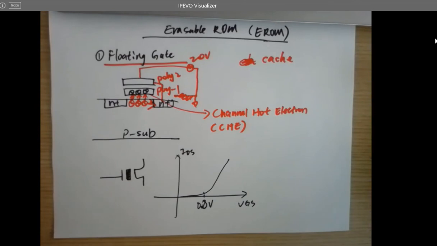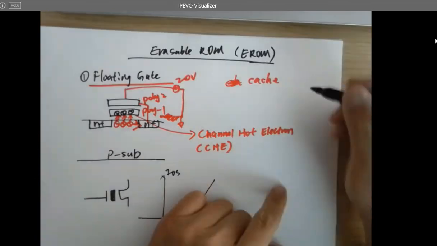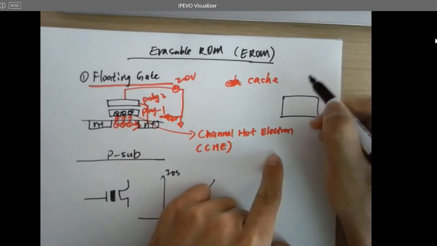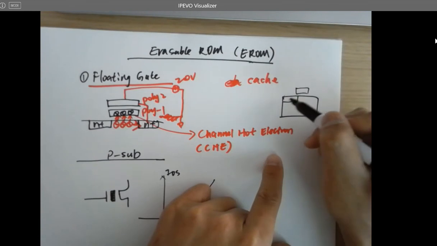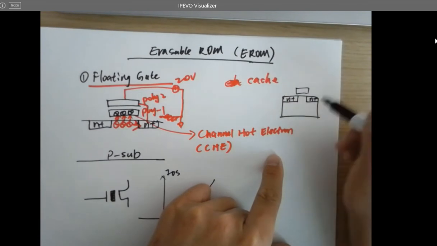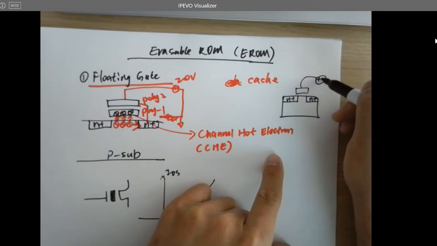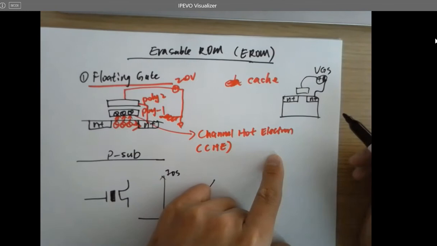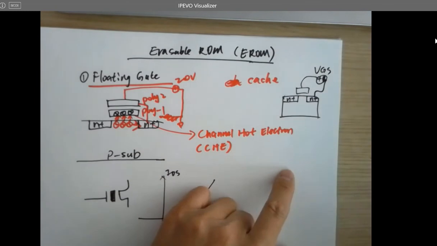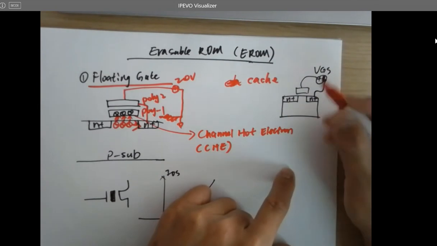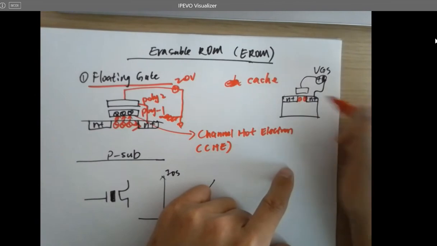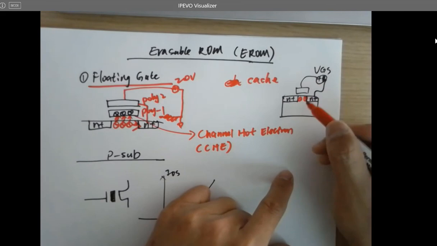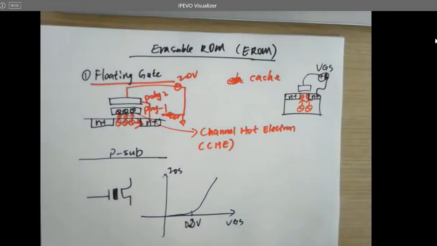So for the normal NMOS, you connect a positive voltage to it, which is the VGS. It is doing what? It's inverting that channel. Remember? Why is it inverting the channel? Because it's a positive voltage. It's going to attract the electrons from the substrate to flow to the channel and form a channel.